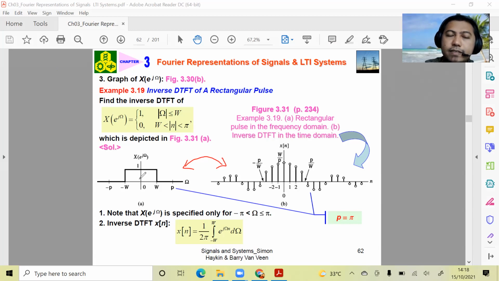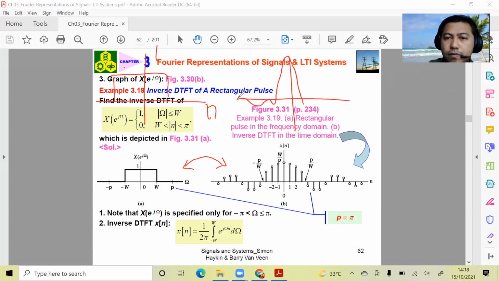In the previous example, this is a signal in time domain, and then we got the signal in frequency domain become signum. And if we have a rectangular pulse in frequency domain, then in time domain we have a signal also.